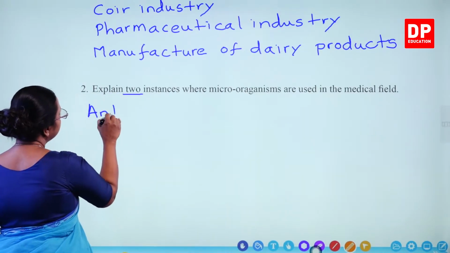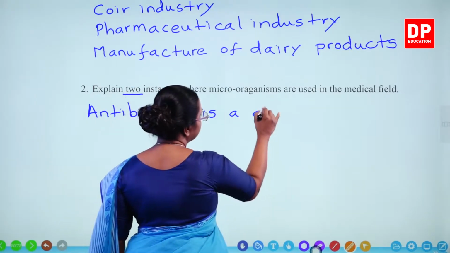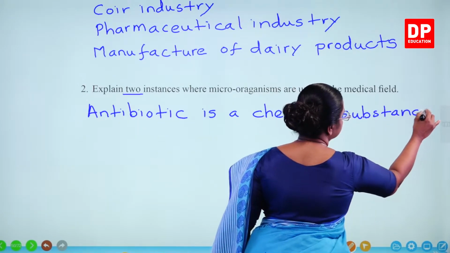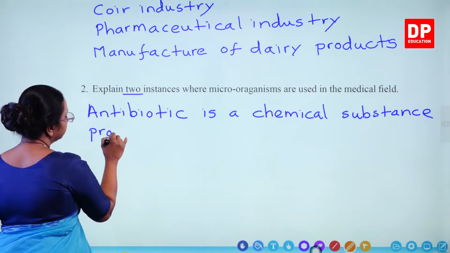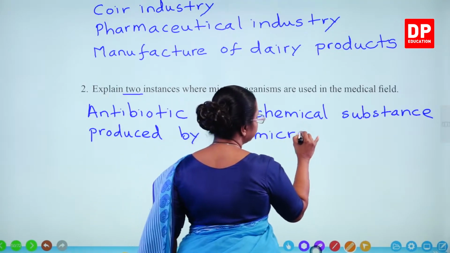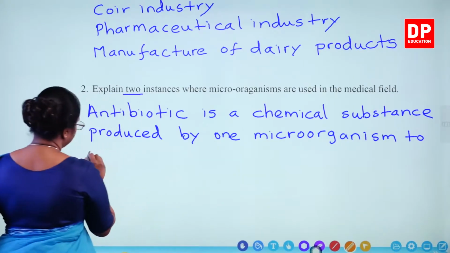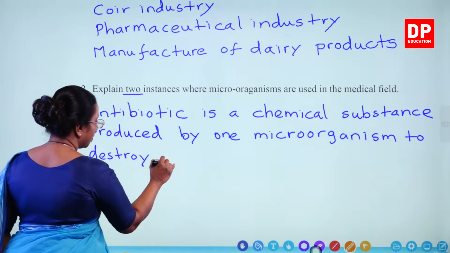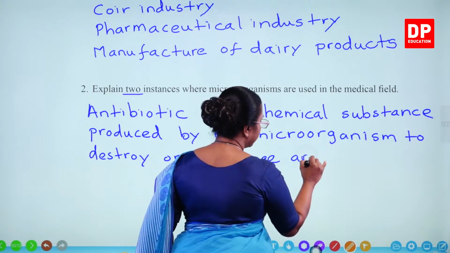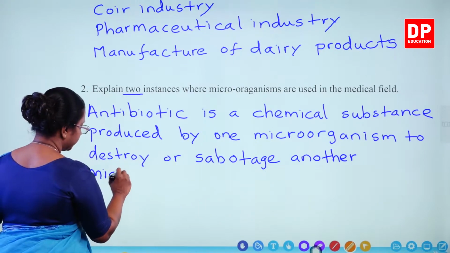So, what does this antibiotic do? Antibiotic is a chemical substance produced by one microorganism to destroy or sabotage another microorganism.